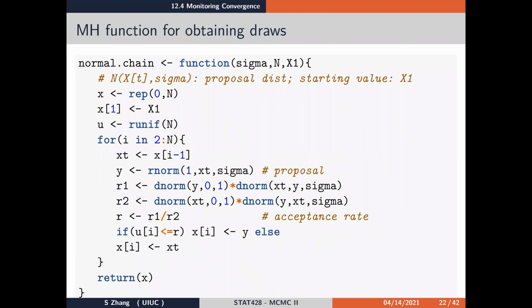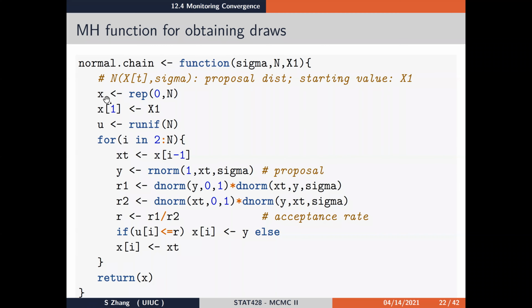Okay, let's go back to our example where we try to use MH to draw from normal(0, 1). Let's create a function called normal_chain. It's going to obtain MCMC draws where the target distribution is normal(0, 1), where the inputs are sigma, which is the standard deviation we use for the proposal distribution, n, the chain length, and x1, the initial value.